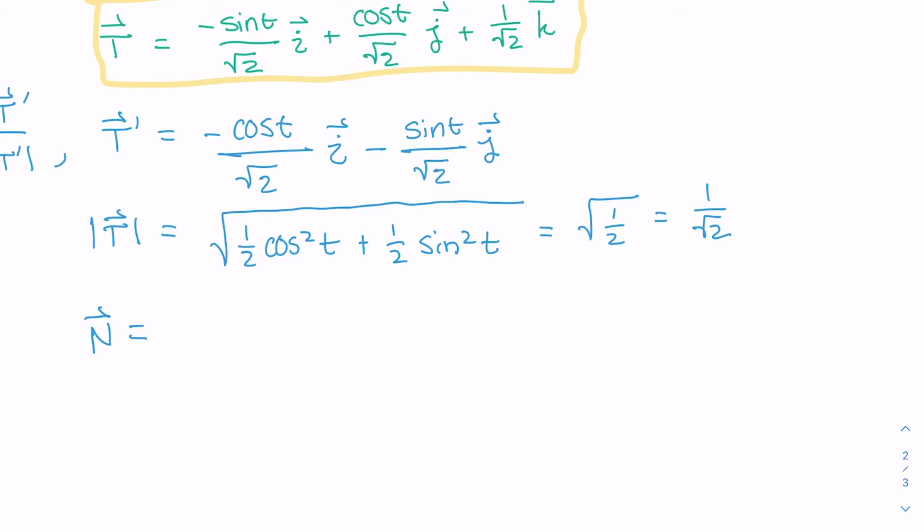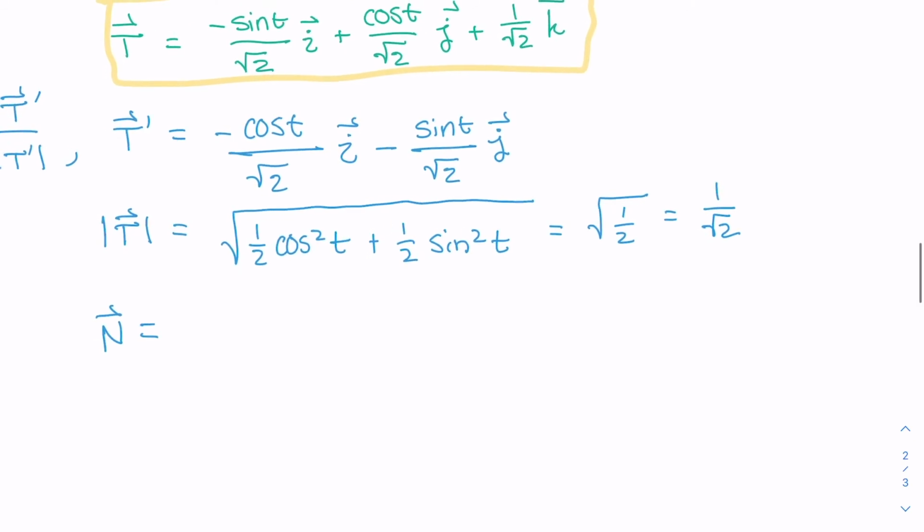Those square roots just divide out, and you get negative cosine t i, and then the exact same thing will happen here, and you get minus sine t j.